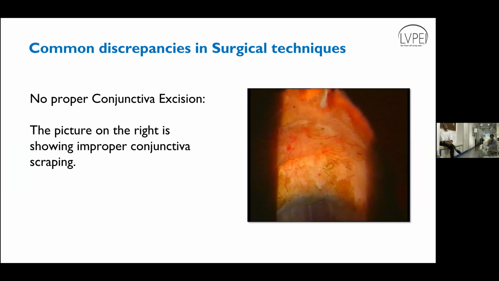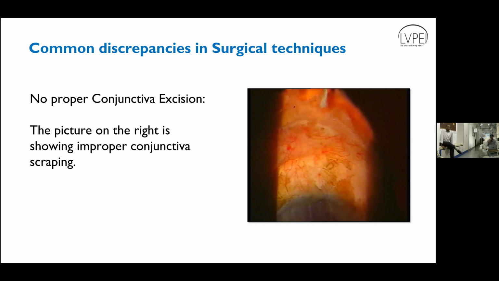Once you are done with the conjunctiva separation, check the excision. Here are the common discrepancies again. If you don't do the conjunctiva excision properly, you can see in the picture on the right side that the conjunctival pieces float in the media with the cornea.